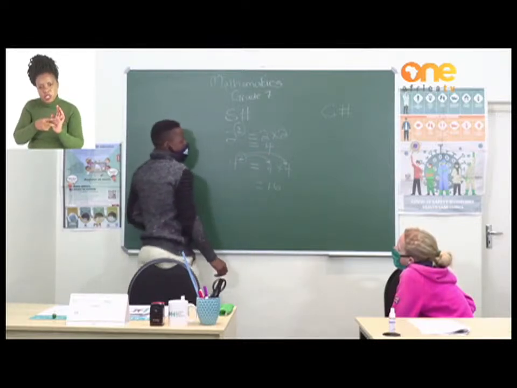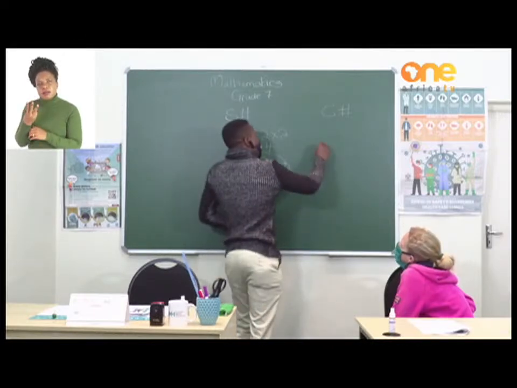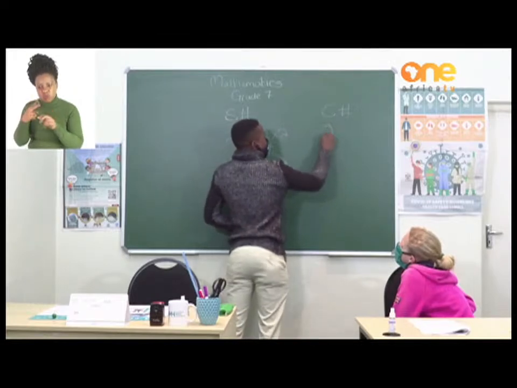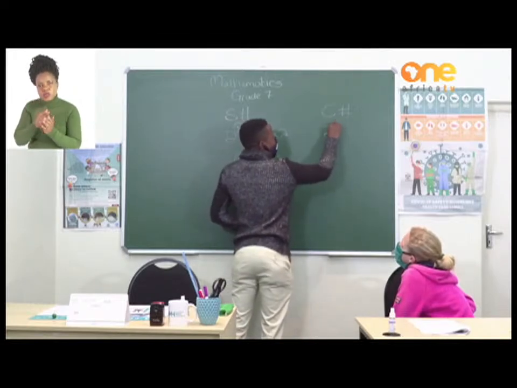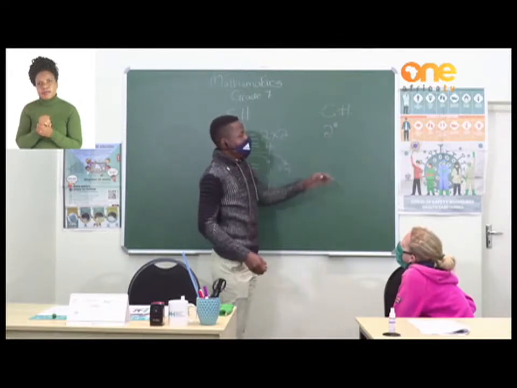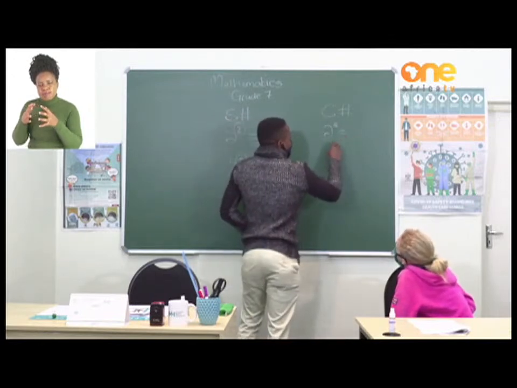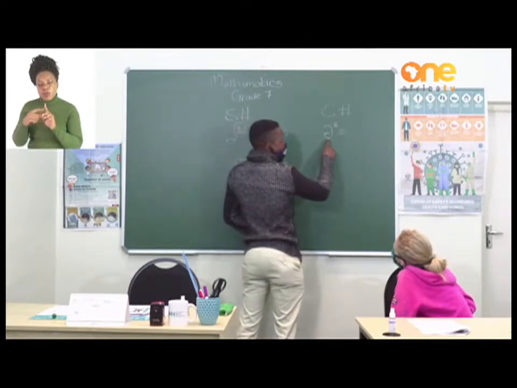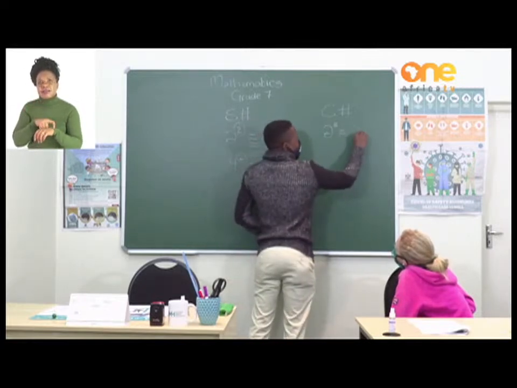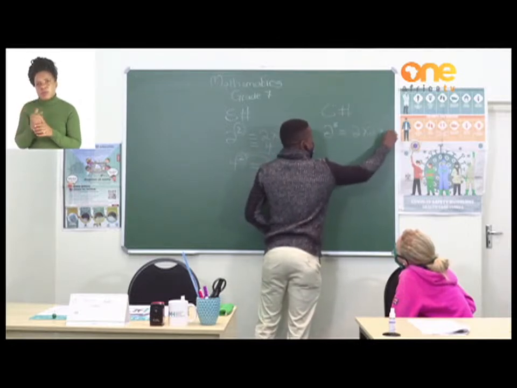Cube numbers. We can also give an example of a cube number, maybe we can say 2 to the power 3, or 2 cubed. In that way, we are multiplying this number by itself and again by itself. So we have 2 times 2 times 2.